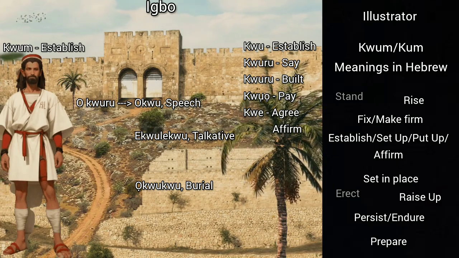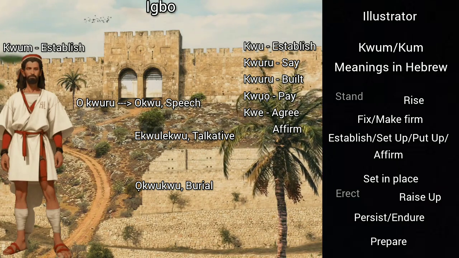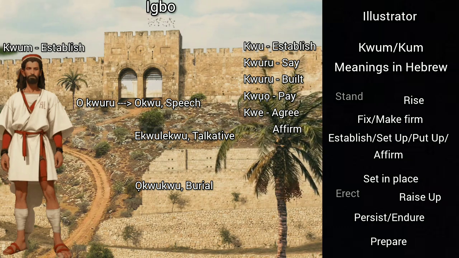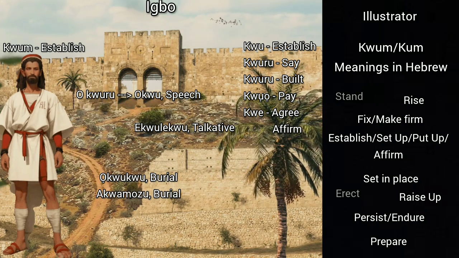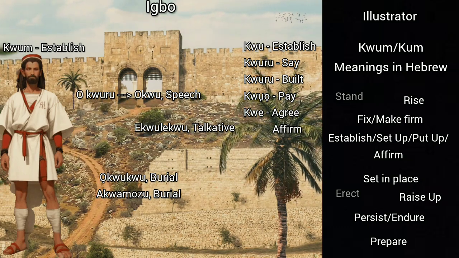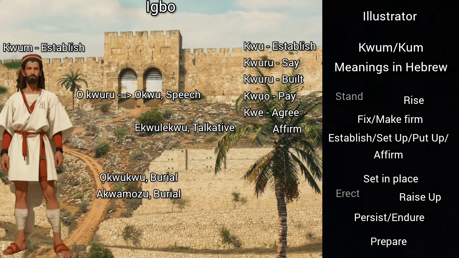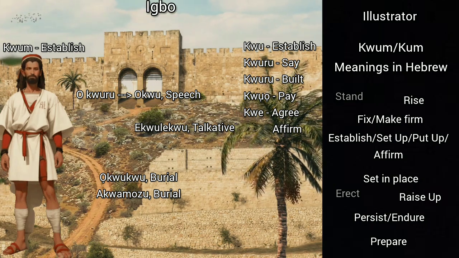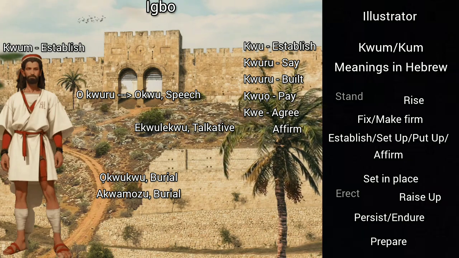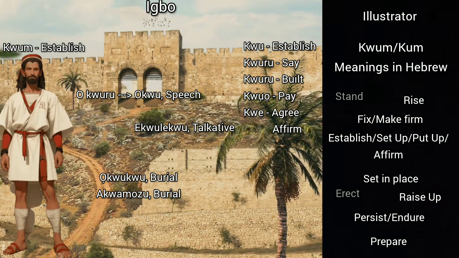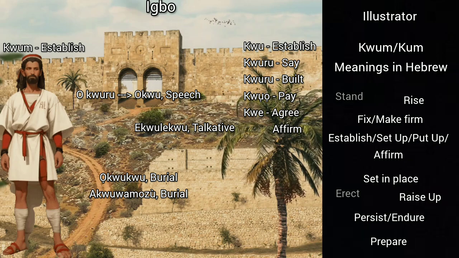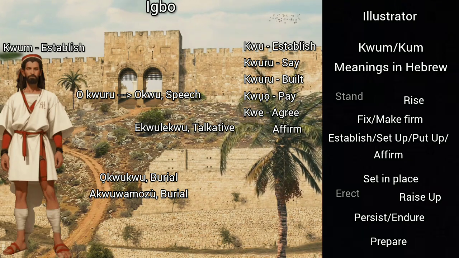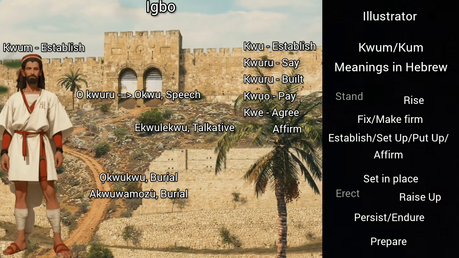Now, the related word that is more common to the Igbos today is akwamozu. That akwamozu is still from this same root, to establish. And how is it so? That word akwamozu is actually a contraction. The fuller word, which we discovered in research, is akwamozu, setting up the deceased person, setting up the arrangement.